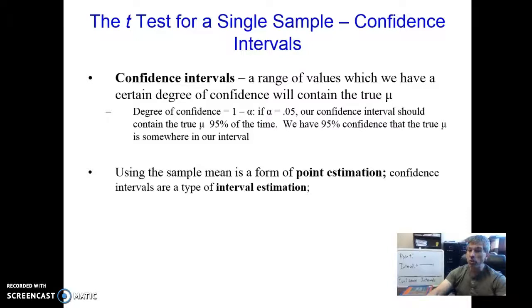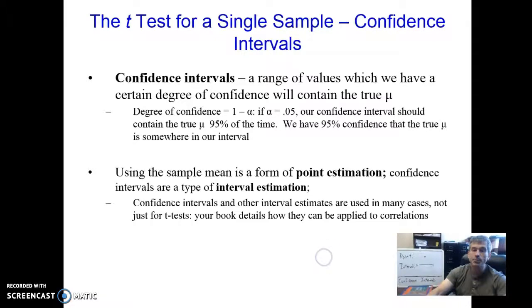So as I mentioned, using the sample mean by itself is what's called a point estimate. Confidence intervals give us a type of interval estimate, a range of scores. So again, we're more likely to capture the real population mean in that interval than we are with just a single point, just one specific number that we say that's our best estimate, and there you go.